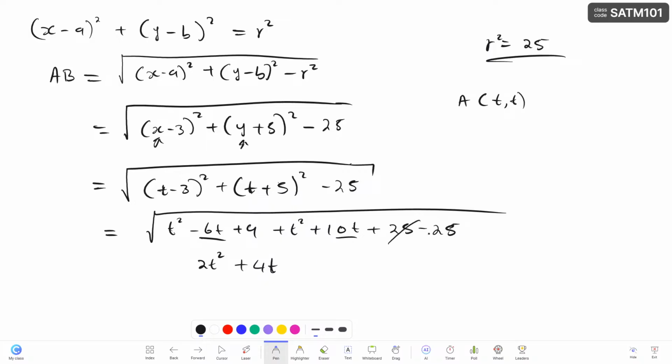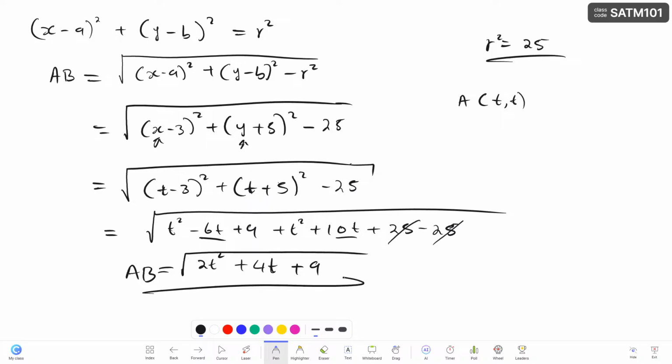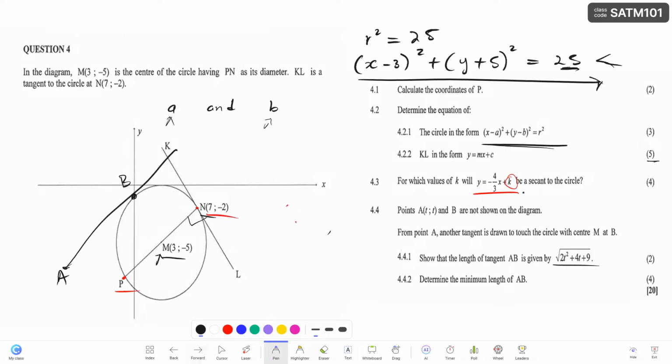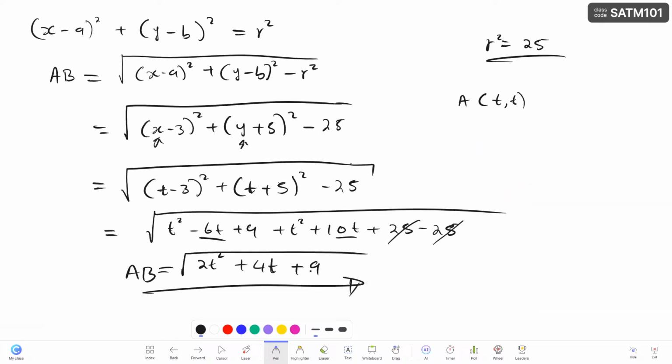Then this and this cancel each other, so we're left with 9. Let's check if we have shown the way they want. Yes, we have shown it in the form of square root of 2t squared plus 4t plus 9. So okay, now let's go to the next question.